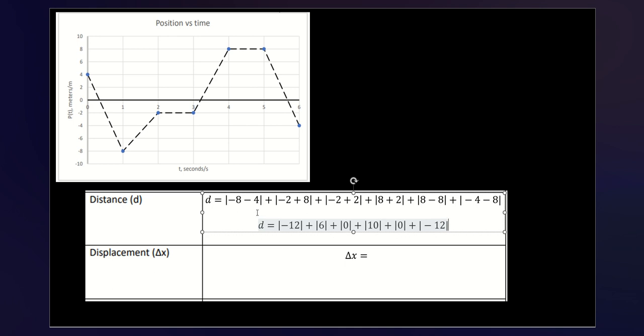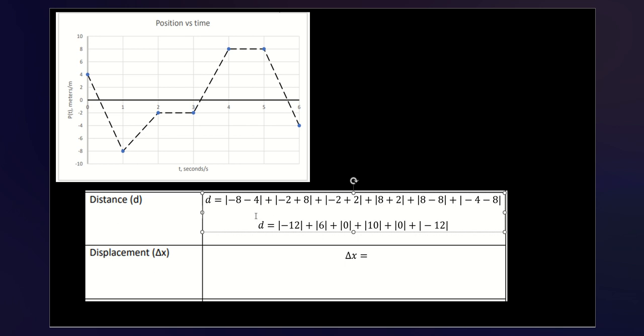The reason why we have all these absolute value signs is because distance, in reality, is not a vector. It does not have positives or negatives. So as we're taking the linear distance from each line, the y distance anyways, we're just taking the absolute value of each.